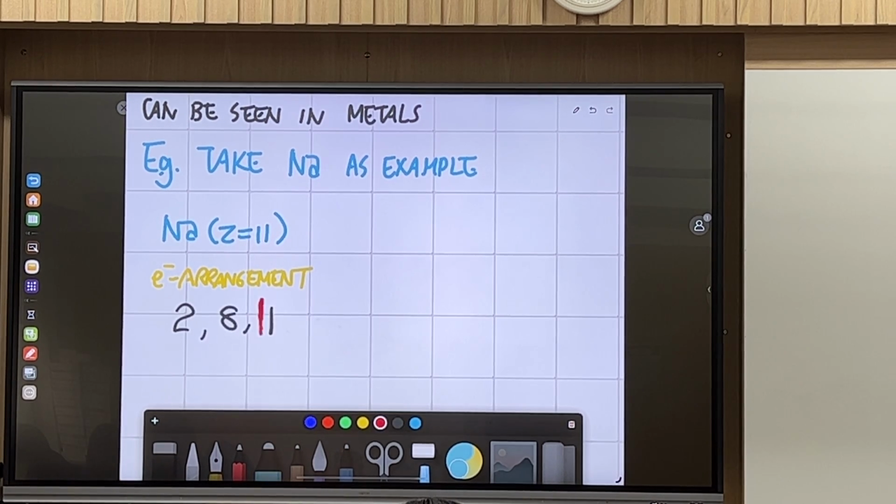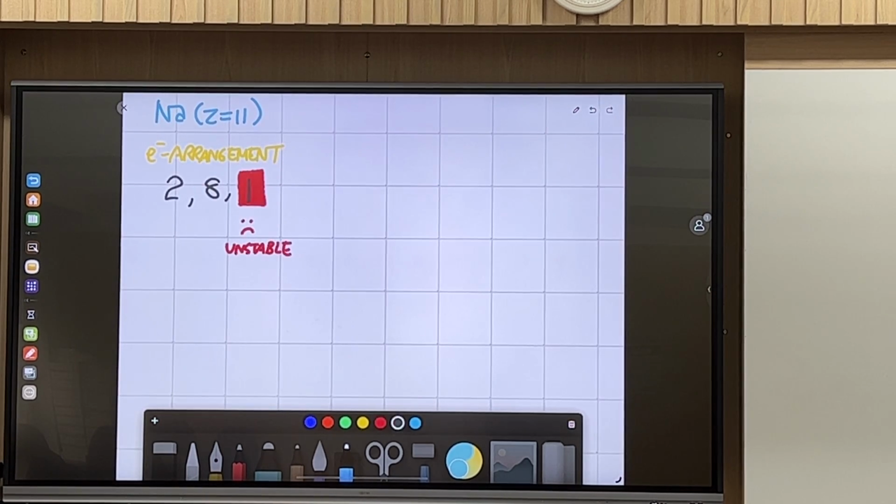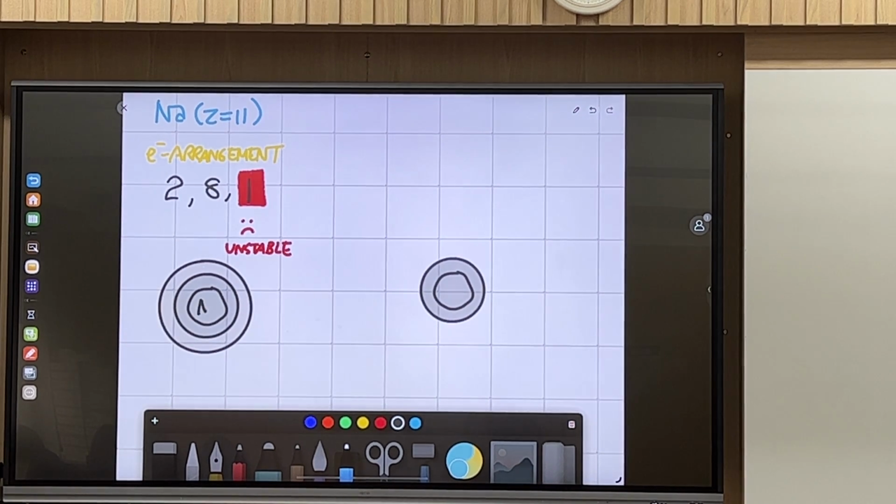So by looking at the number of electrons in the last shell, you can tell that it is unhappy. It is unstable. So sodium will want to do something to make itself stable, and it's by stripping off the outermost layer. So this is sodium in its original form. You have 2, 8, 1.